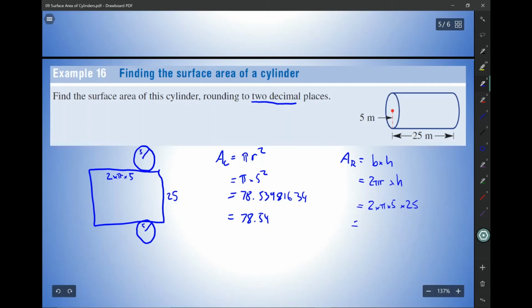And we can put this line exactly into our calculator. 2 times pi times 5 times 25, and you get this, 785.3981634. And then again we'll round that off.